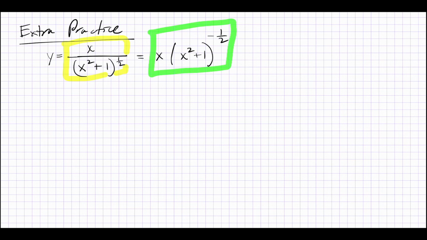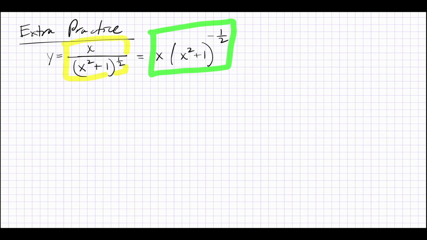You have a top and a bottom, and a lot of different parts to it. I prefer to use product rule as much as possible. So I use the green. Do you have to? No. You're going to get the same answer. Is it wrong if you use the yellow? No, not at all. If you use the quotient rule, there's nothing wrong with it, as long as you did it right.